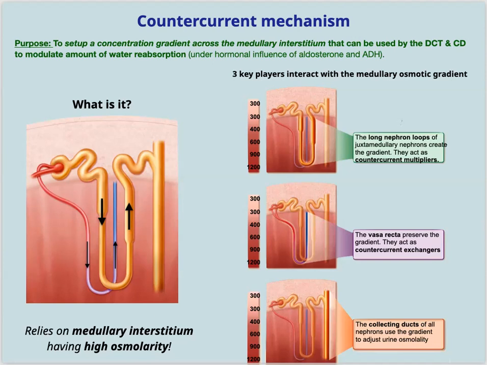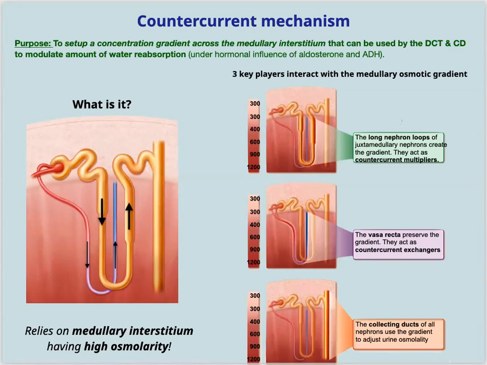Then the vasa recta acts as the countercurrent exchanger in helping to maintain the concentration gradient that's being established in the renal tubules and in the medullary interstitium by the long loop of Henle. The collecting duct of our nephrons can then use that osmotic gradient in the medullary interstitium to adjust the urine's osmolality.